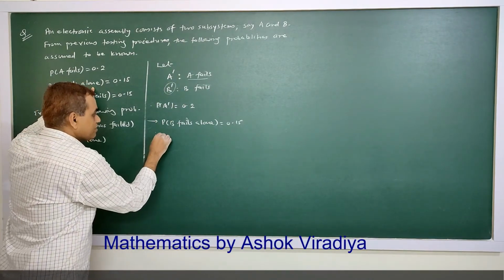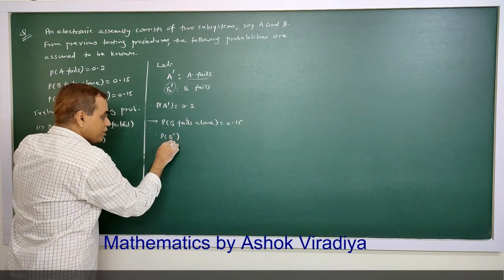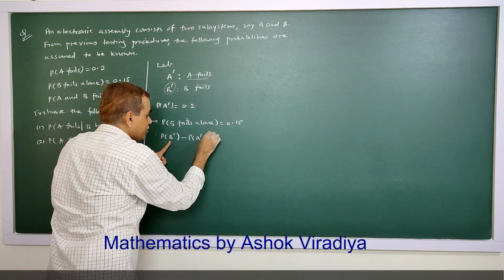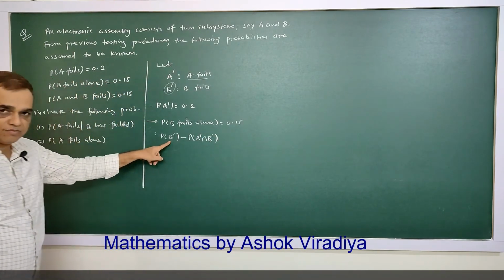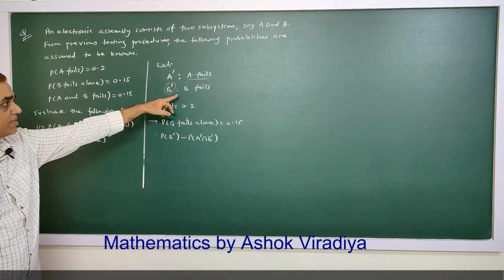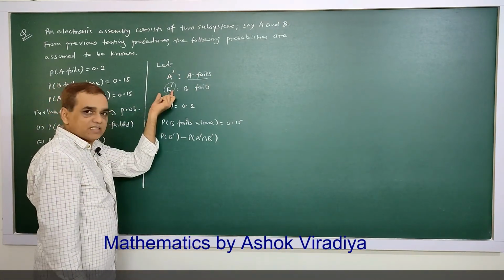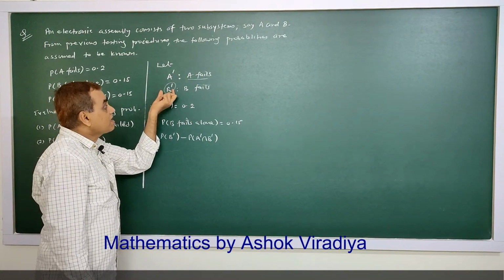So this can be expressed as probability of B dash minus probability of A dash intersection B dash. Only B fails. If this is X, this is Y, then only Y occurs.